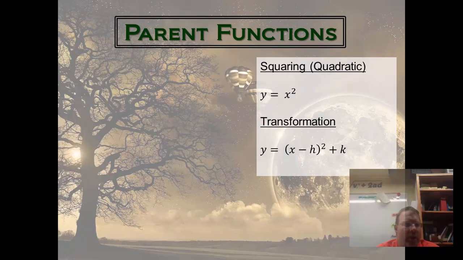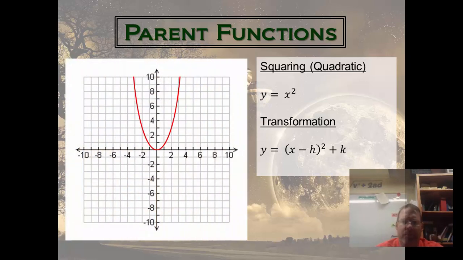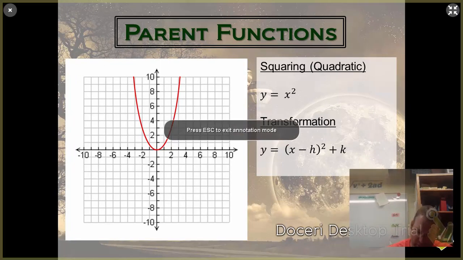And we have the squaring function, and I'm not really sure why the book refers to it as the squaring function, because it's usually referred to as a quadratic function. That's y equals x squared. And you know that to be a parabola. Now the transformation, again, we're just going to go over that very generally.